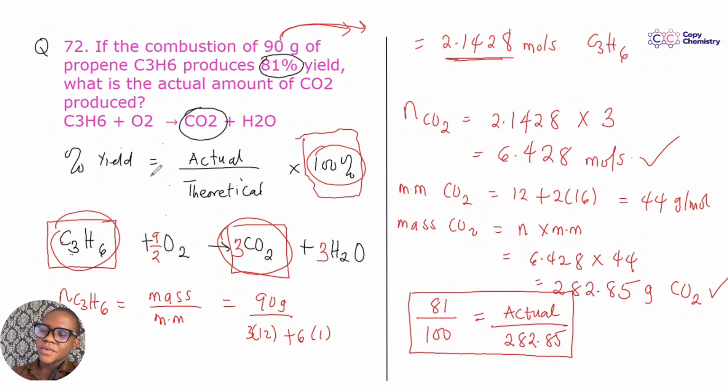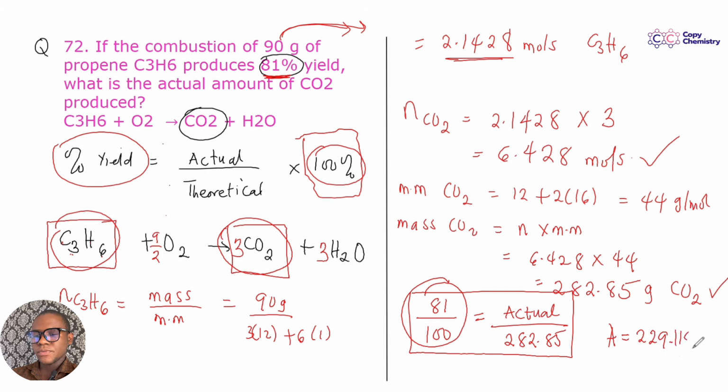Besides, I have already accounted for the 100 by writing my percent as 81 divided by 100. So that's what the 100 is actually. So I can solve that, and when I do my calculation, the actual yield is going to be equal to 229.114 grams. Okay, that's what we're going to have at the end of the day, and that is the answer to this question.